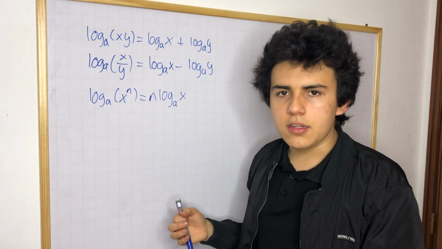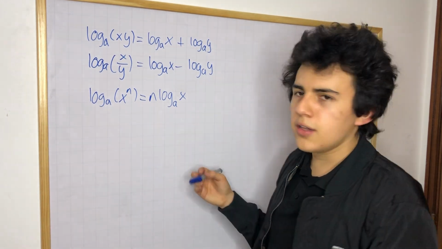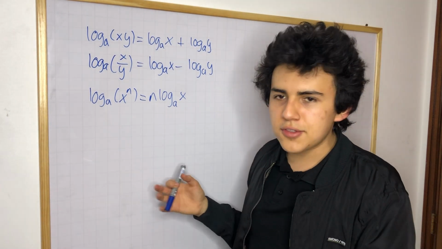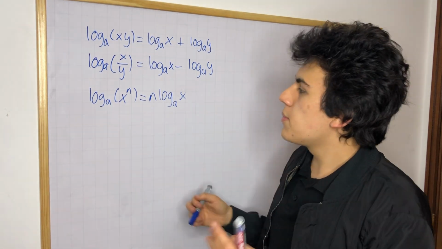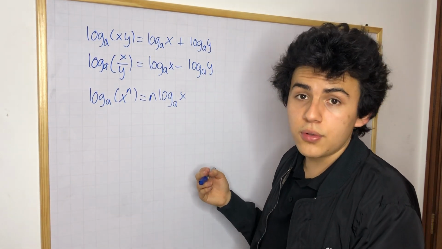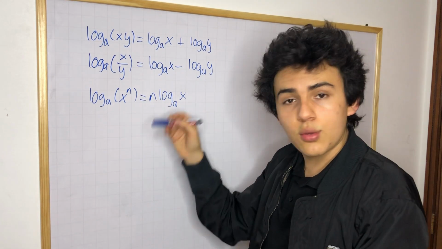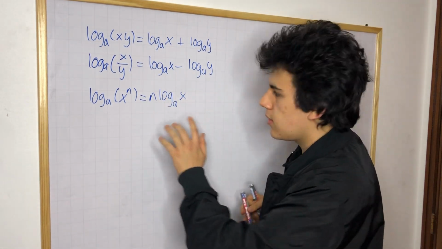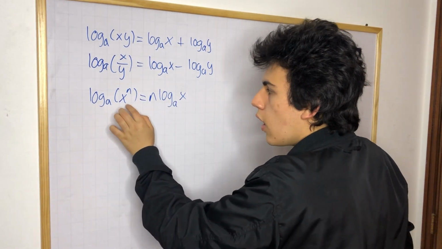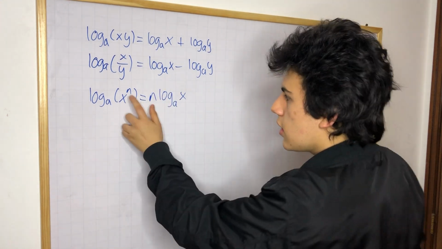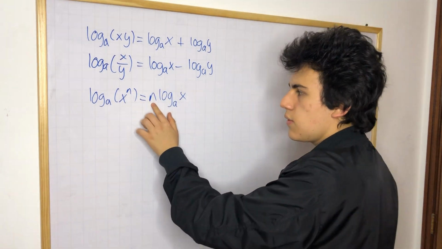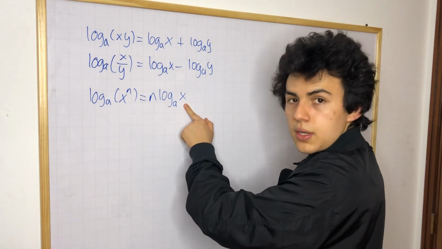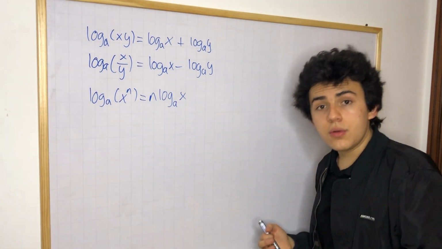If you know a bit of calculus, which is unlikely since you're learning logarithms, but if you know a bit of calculus, remember that derivatives have a power rule, which is basically bring the exponent to the front. This is exactly the same. You're going to find if you have log of x to some number, this is going to be the same as if you grabbed n and moved it to the front to multiply log a x, okay? Now another rule that we have is this one.